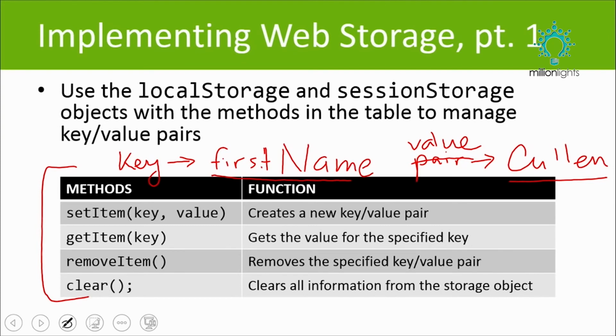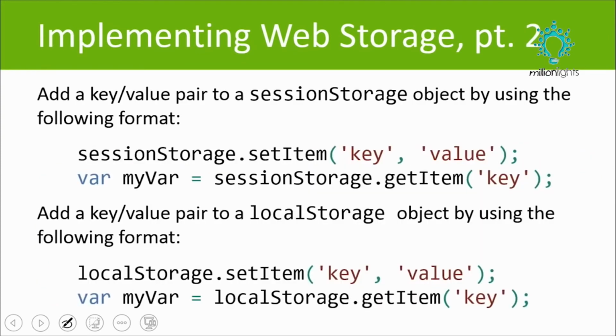Let's talk about how to implement these methods real quickly. For a session storage object, note that we make reference to the object. We're going to use the setItem method. Where it says key, we would enter something like name. And then for value, we would enter that value that we were talking about.